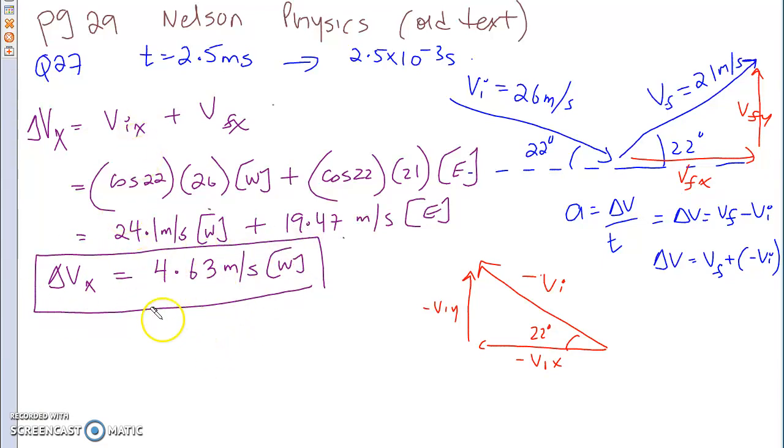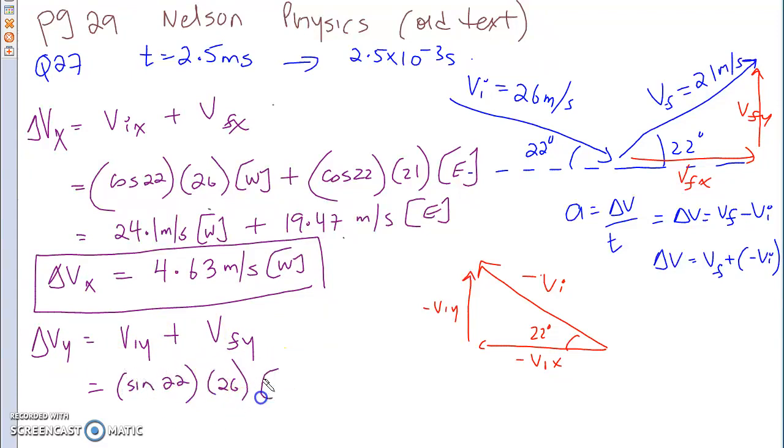We're going to do the same thing for your delta vy. Again, viy plus vfy. Your viy is sine of 22 times 26, and that is going north, plus sine of 22 times 21, and that is also going north. What do you get for your delta vy?